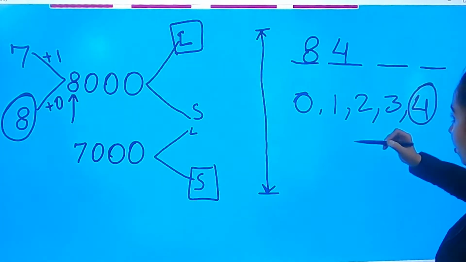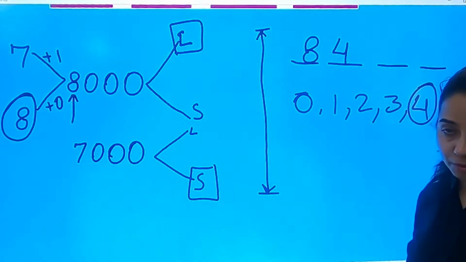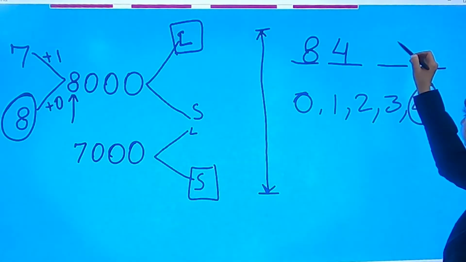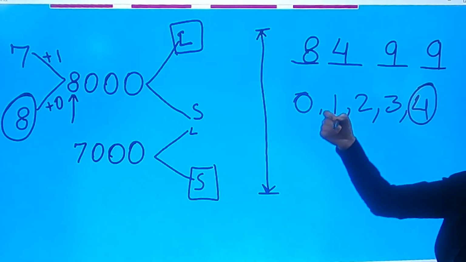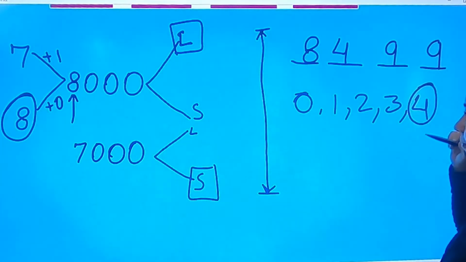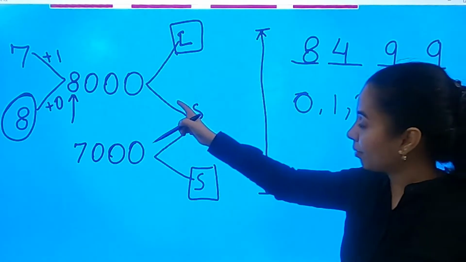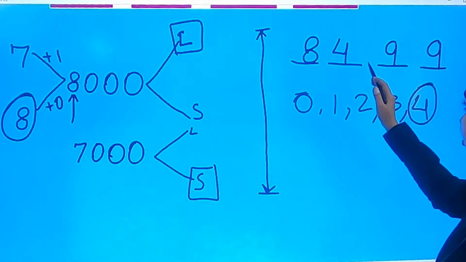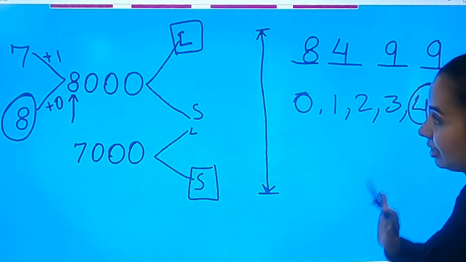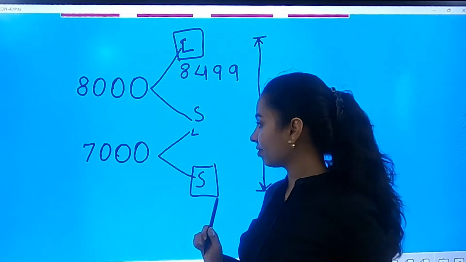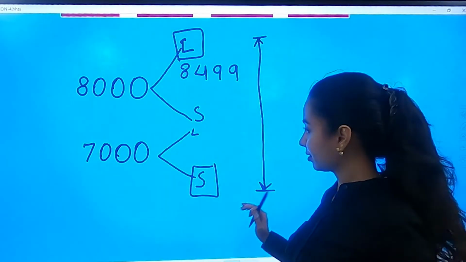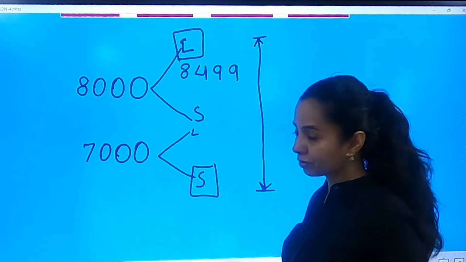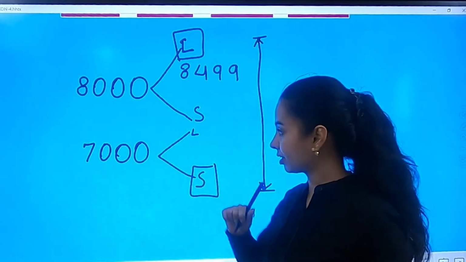These digits further to the right do not hold any significance, so I will select the largest possible digit out of 0 to 9, and this is 9. So my number becomes 8,499.